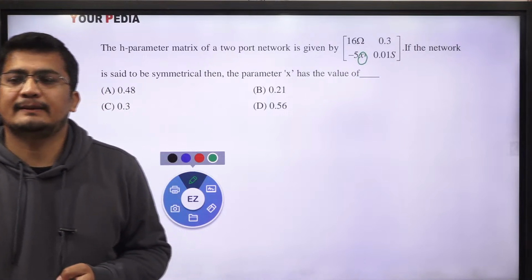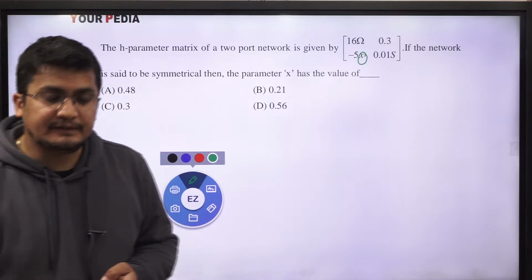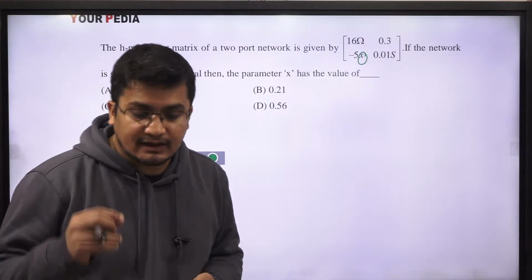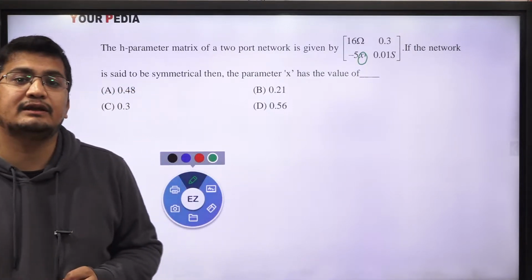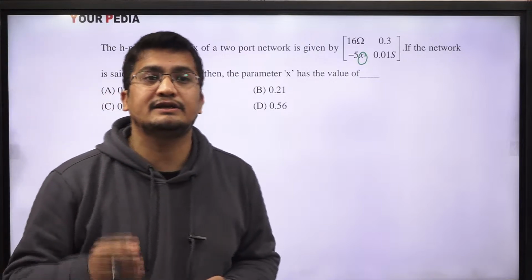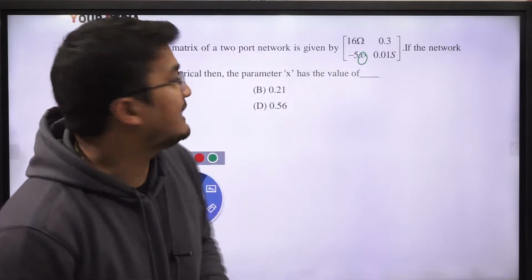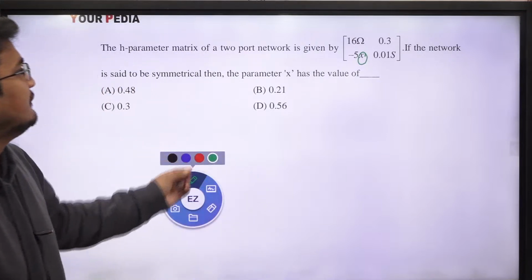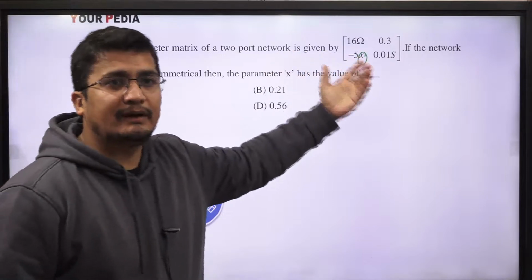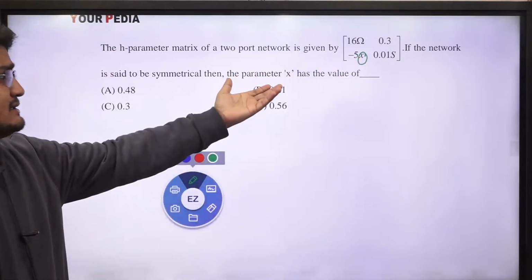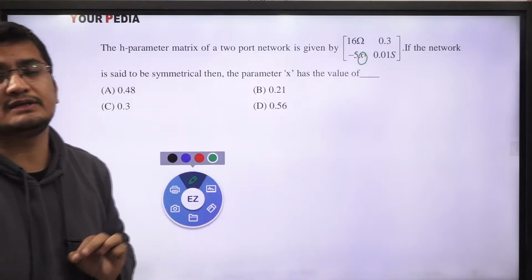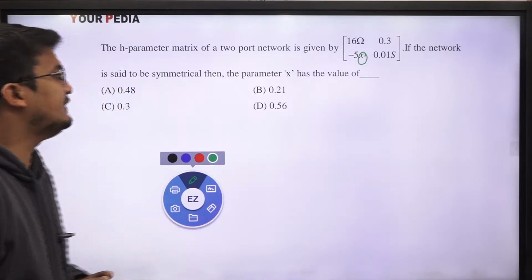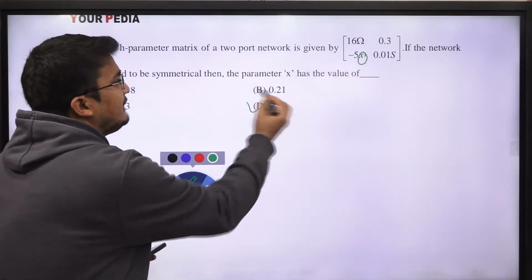Arey bhaiya, you might have studied in the two-port network, be it Z parameter, transmission parameter, Y parameter, or h parameter, they have the symmetrical condition and reciprocal condition, right? He's asking that for the two-port network defined by the h parameter matrix, what is the value of x we need to put here so that the corresponding two-port network is symmetrical, right? So the answer will be D, that is 0.56.